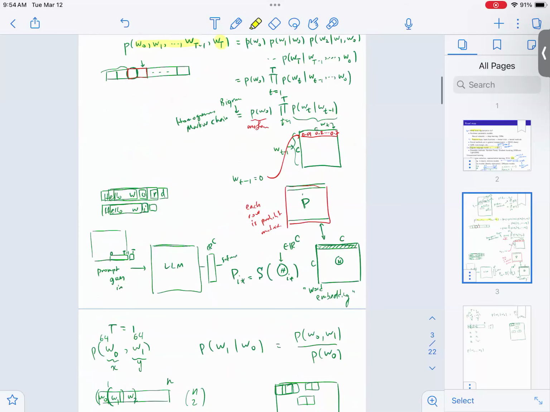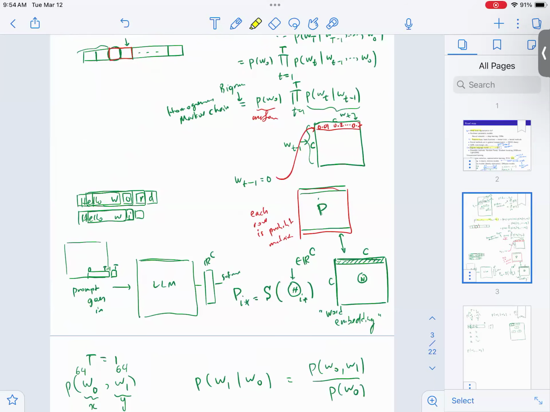This entire thing is a probability, so a matrix, where each row is a probability. W_{t-1} indexes the rows of this matrix, I look at that particular row and read the probability. So each row is the probability of the next word.